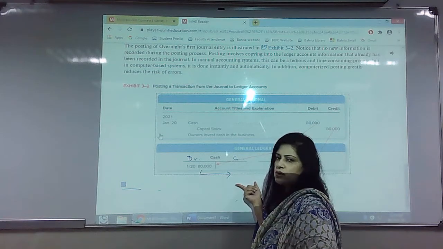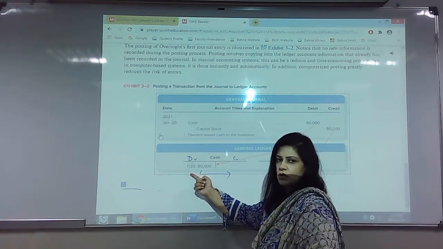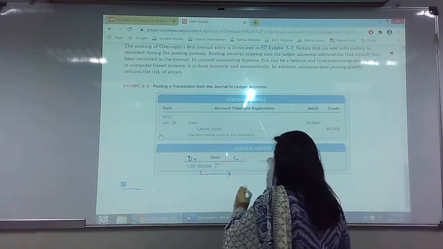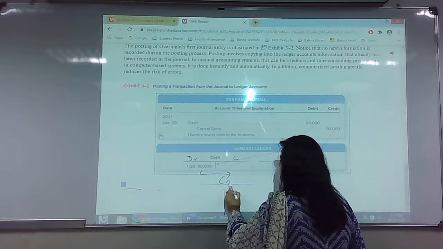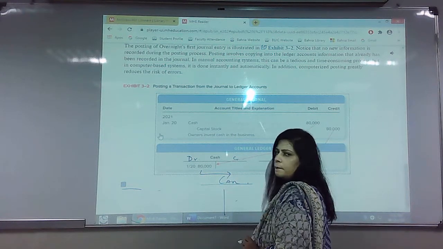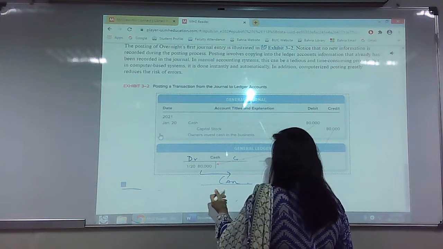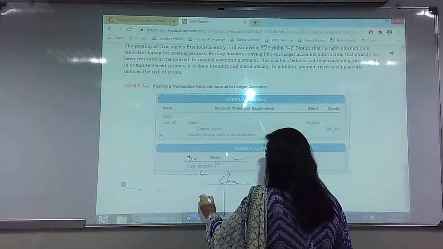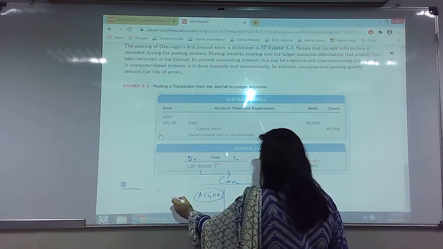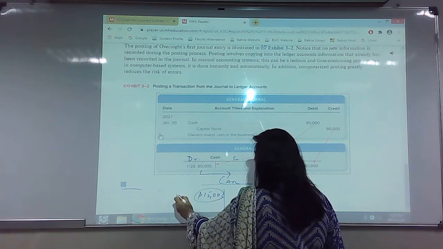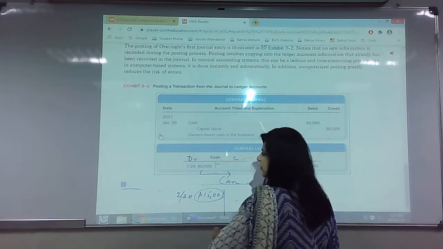Now, when would it reduce? If you buy something. So for instance, if you buy a car, there's going to be another account, the car account. You buy a car worth $15,000, and you're going to be debiting the car account on, maybe this was January, so you can just write 20th February.